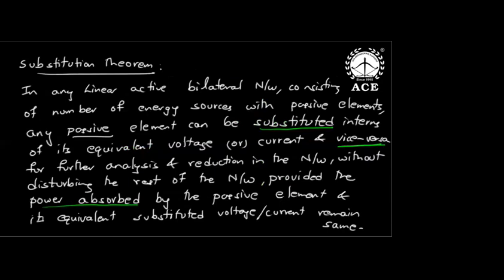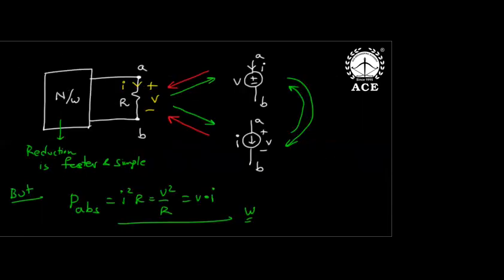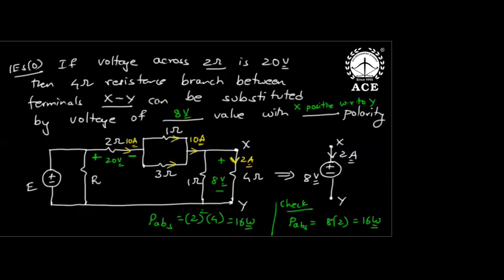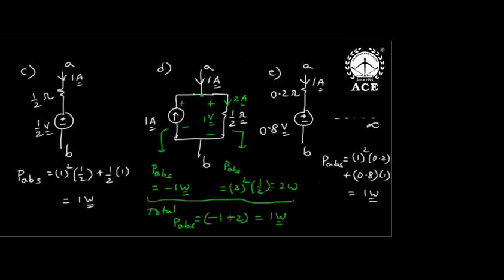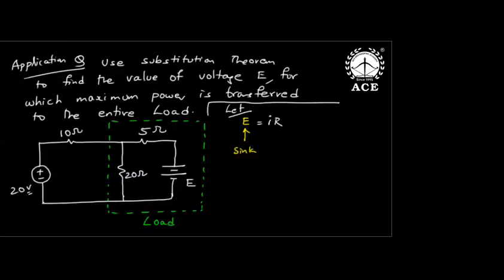Then the substitution theorem was very interesting. We can substitute any passive element by its equivalent voltage or current. First I asked what this 4 ohms can be replaced by. The answer is 8 volts with X positive with respect to Y. Then I showed that this 1 ohm can be represented in at least 5 ways: voltage way, current way, part voltage and resistance, part current and resistance, and so on.